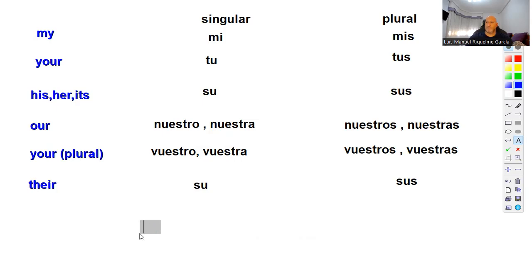More. A simple one. My friends. The word for friend is amigo, but in this case, it's more than one friend. It's friends. So it would be amigos.